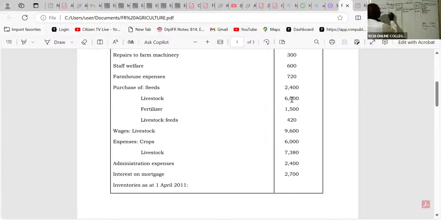Then, ladies and gentlemen, if you look at the next purchases here, livestock, 6,000. We still continue. We have fertilizers. Fertilizers will be booked under which biological asset? Can they be booked under livestock?